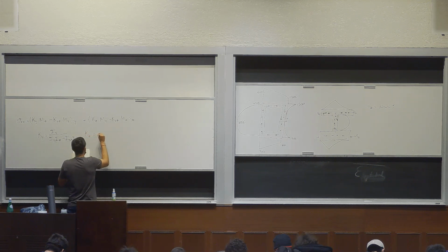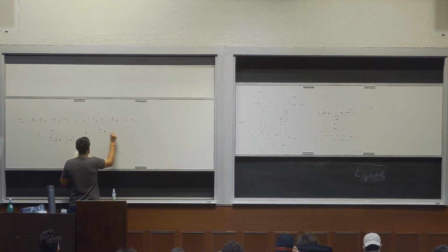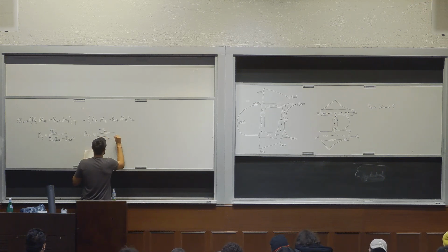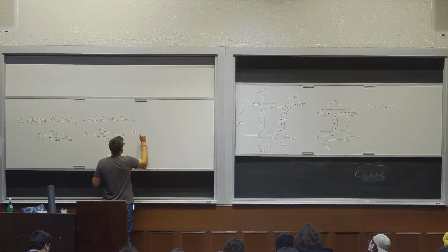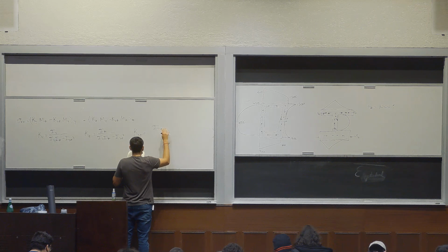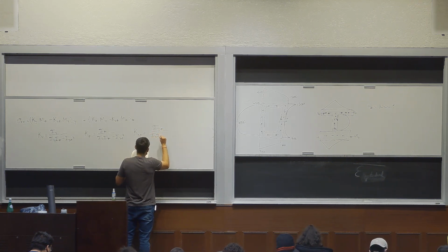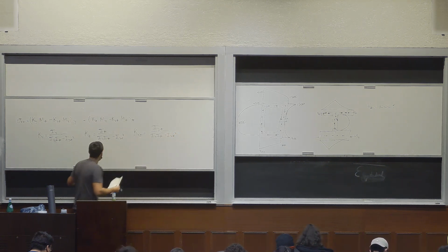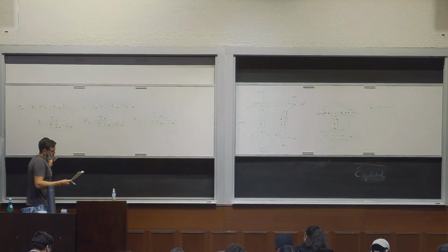Kz equals Iy over Iy Iz minus Iyz squared. Kyz equals Iyz over Iy Iz minus Iyz squared.